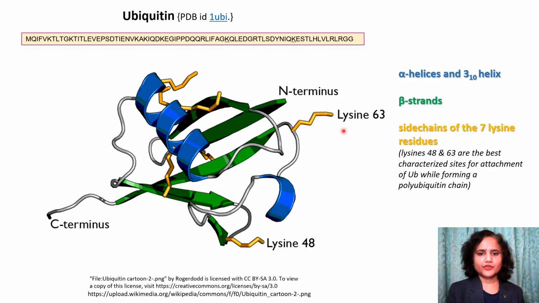And 2 of the most commonly used and well characterized ones are labeled lysine 48 and lysine 63. They are the sites of conjugation of ubiquitin for formation of polyubiquitin chains.